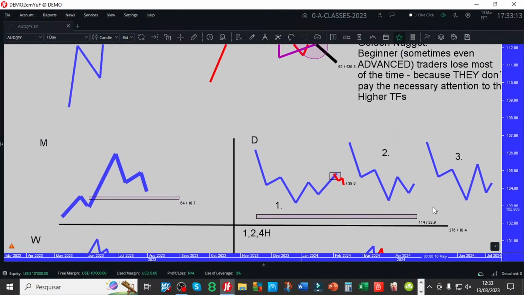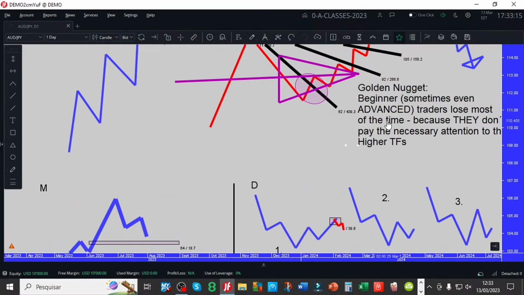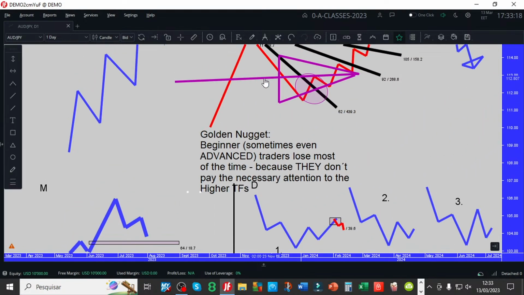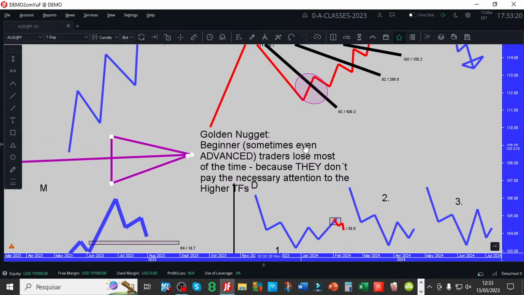But here is the golden nugget. Here is the reason. In the advanced course too, people don't listen. Traders don't listen. Alright? Oh, you're so rude.